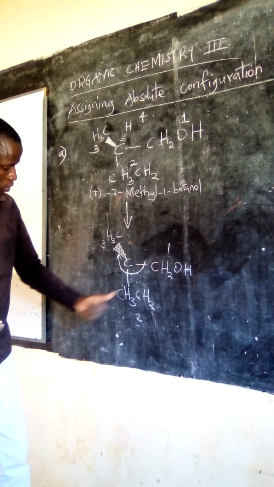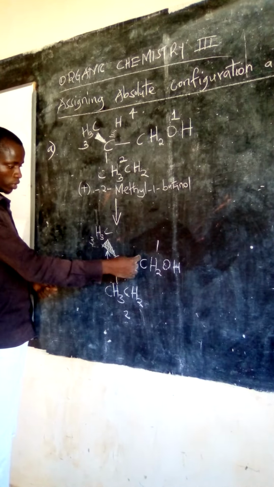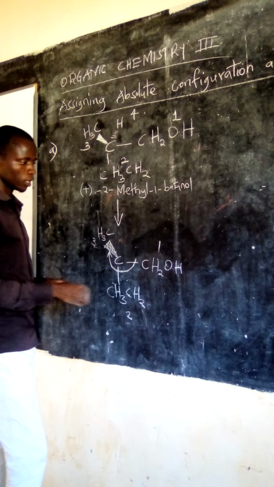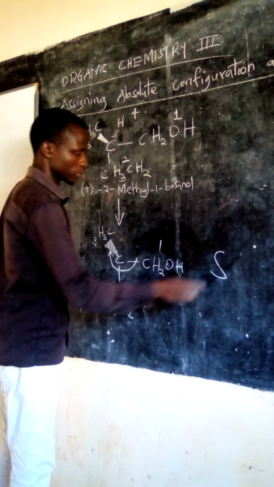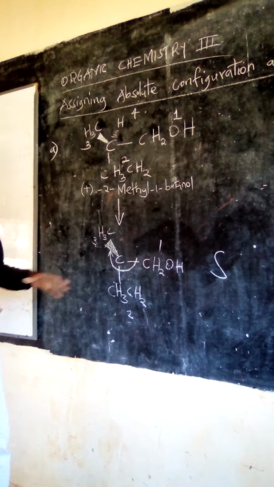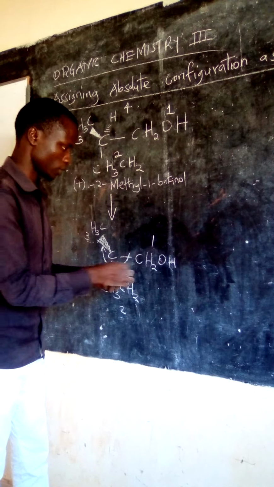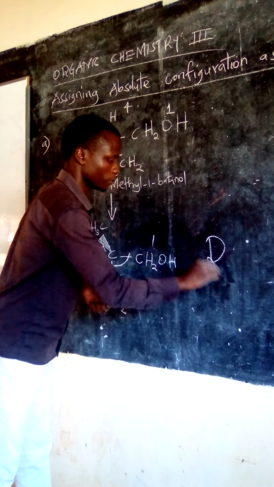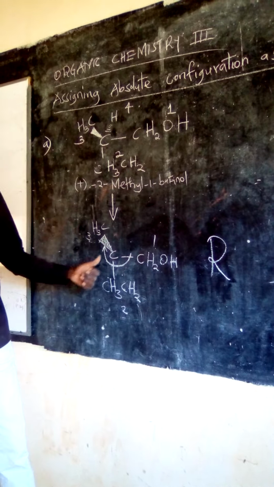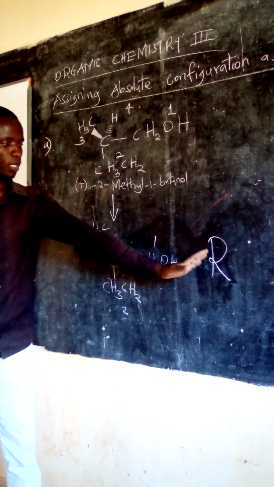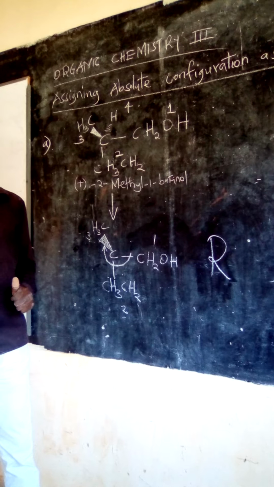Now, when you consider this here, you realize that the arrow is clockwise, and therefore we shall assign it as R. Sorry, please. Remember, we've said everything. The arrow was clockwise, and I'm saying that you assign it as R.